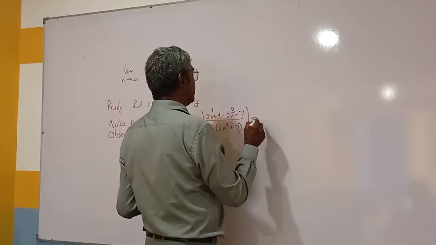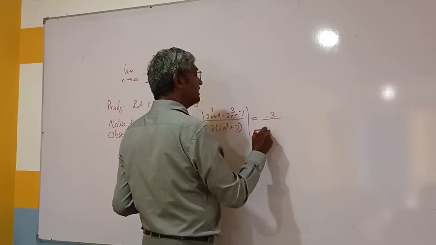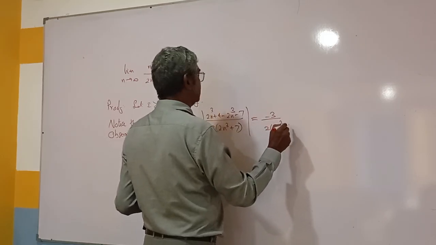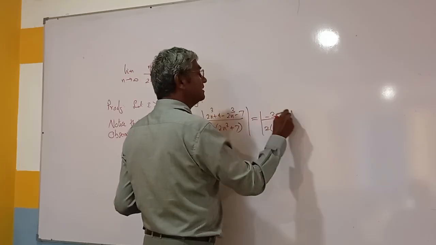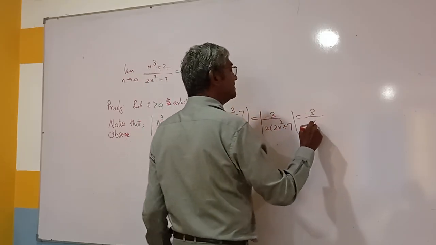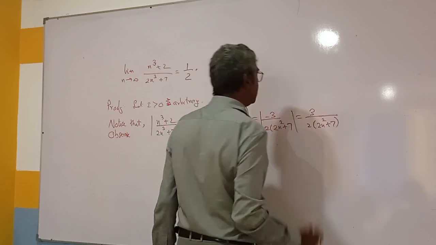This is equal to minus 3 over 2 times (2n cube plus 7), so the absolute value is 3 over 2 times (2n cube plus 7).